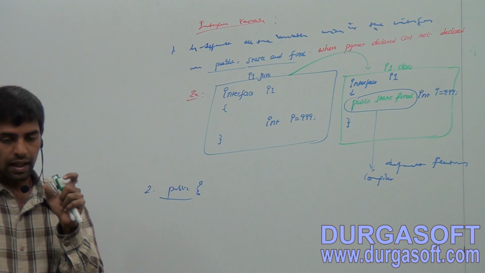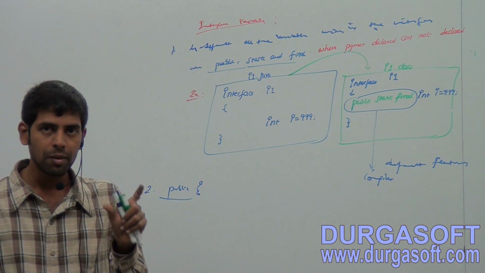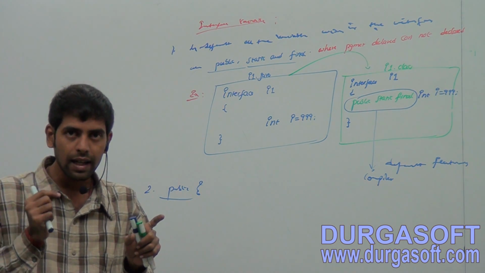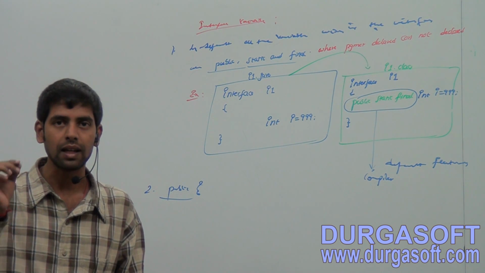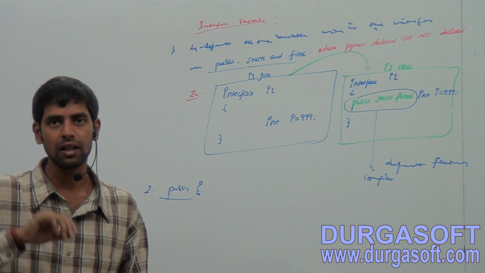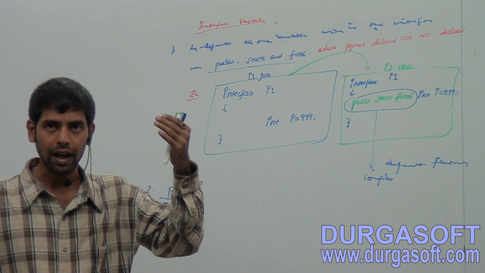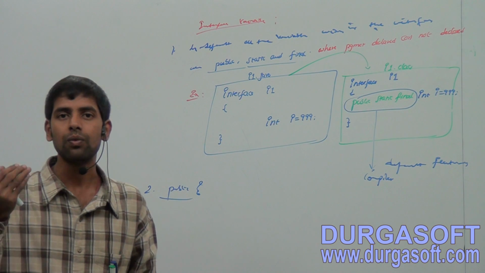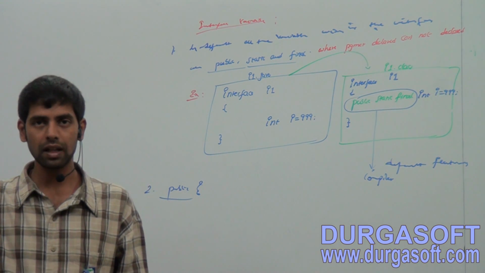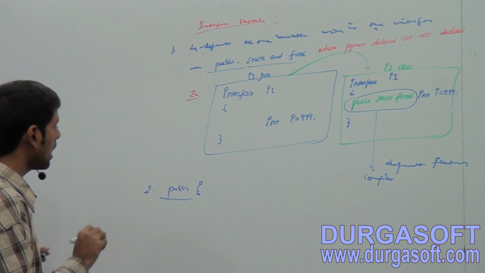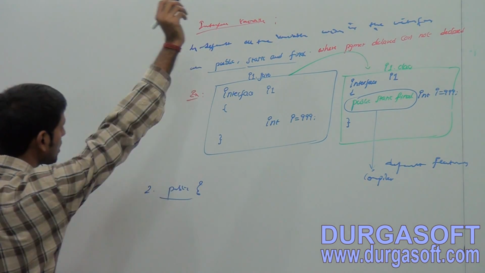If a class member is declared as public, then we can access that member within the class and also from outside the package.